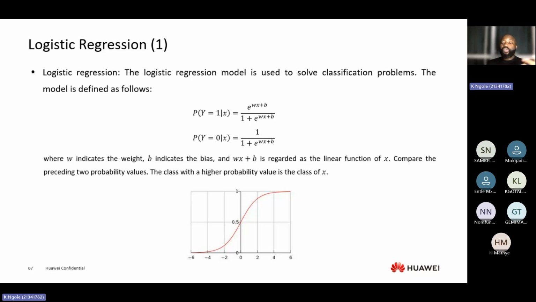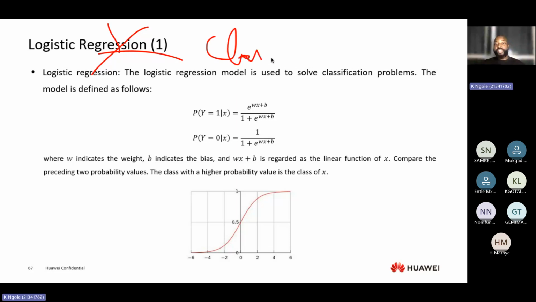All right, guys. Next week we're going to talk about other algorithms such as logistic regression. One very important thing to note, especially with logistic regression: despite the word regression, logistic regression does not solve a regression problem, but a classification problem.